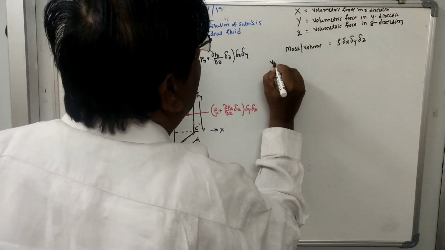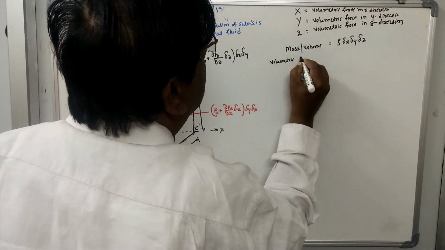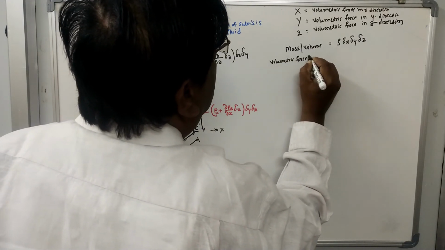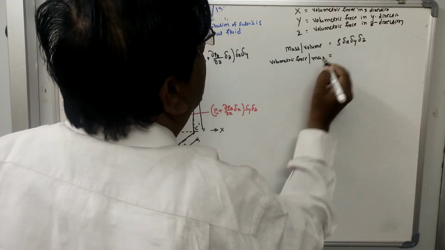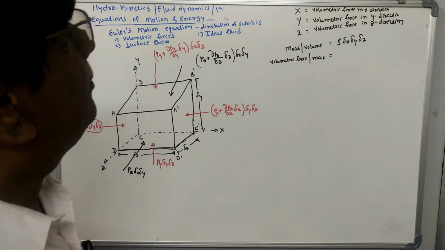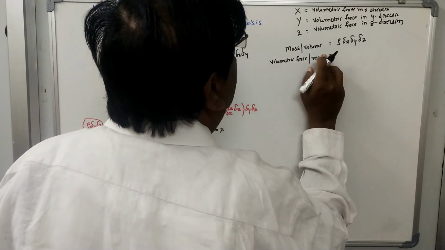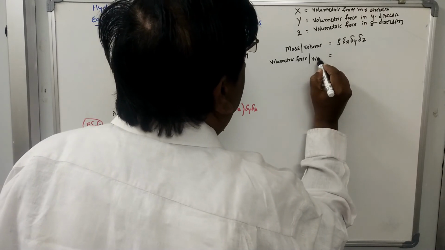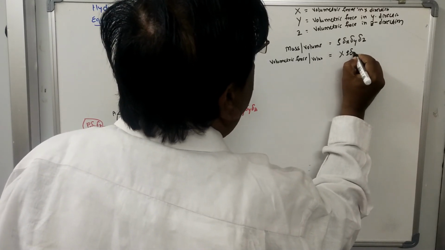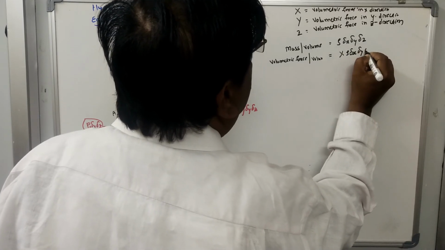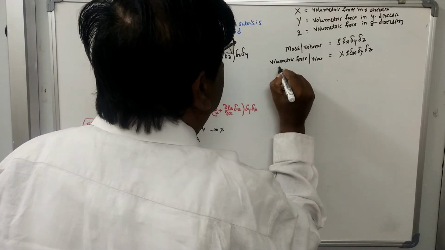Then the volumetric force in the x direction is X rho delta x delta y delta z.